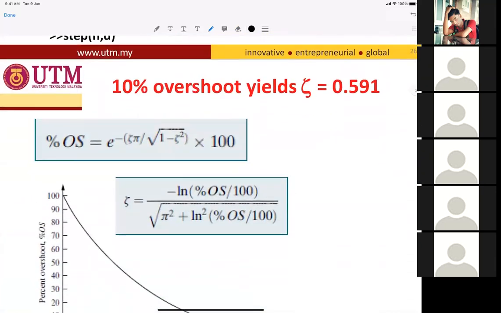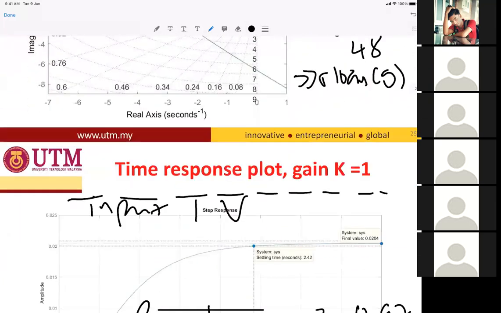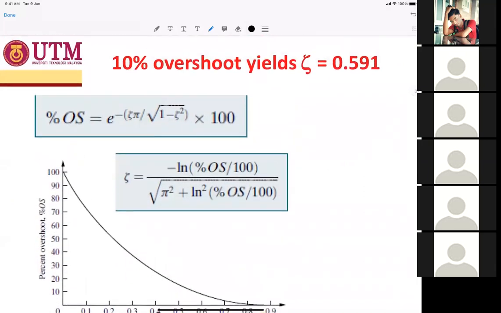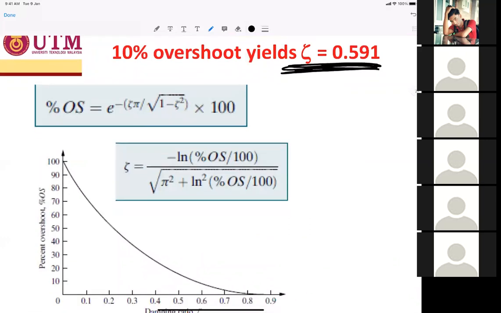So it's given here, the spec is 10% overshoot. Okay, so for 10% overshoot, we have to find the value of K. 10% overshoot is equivalent to zeta 0.591.